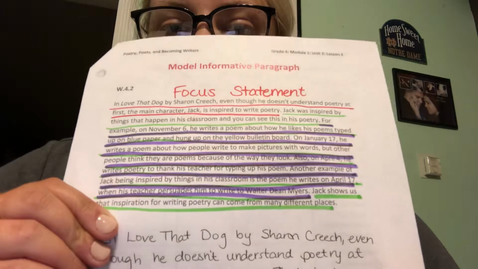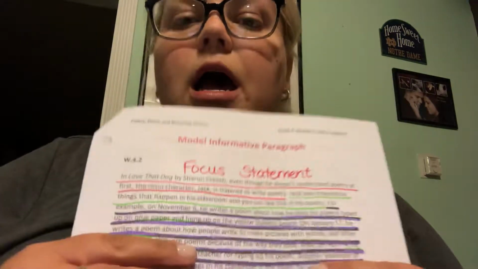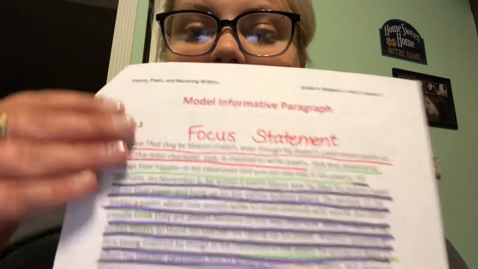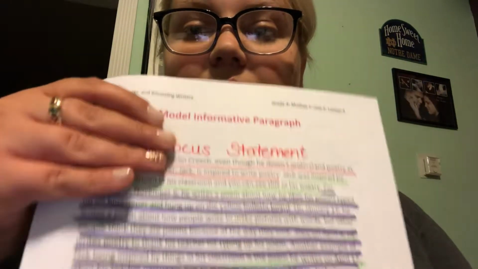Which paragraph are you going to write tomorrow? Jack was inspired by Sky, or Jack was inspired by other poets? Take that time now, and write a focus statement here on your paper for me to see tomorrow. Which one you're writing, and then write a very strong focus statement for that. You've got an example here.